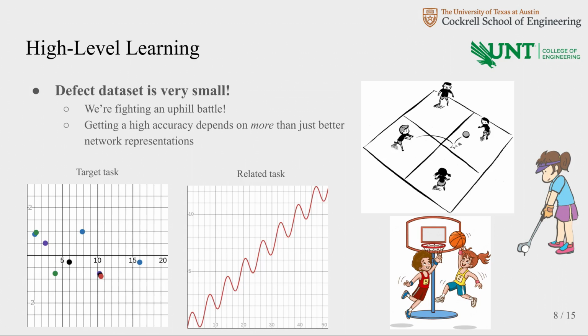Another metaphor we can draw here is, let's say that we're trying to teach a child how to play basketball. Basketball is a very hard game for a child to learn just because there's a lot of movement, a lot of fine-grained motor skills going on. It takes a lot of focus and control to do this, and it takes a lot of practice.